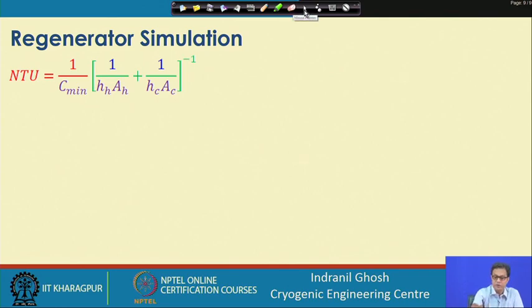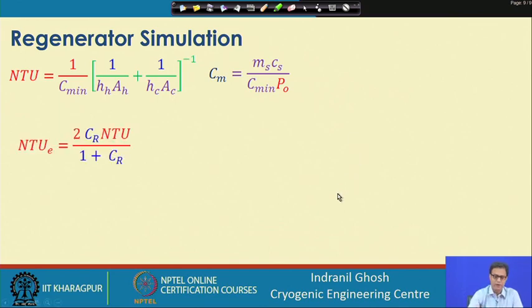Once we know the NTU, we would be able to calculate the ratio, the Cmin over Cmax, that is the capacity rate ratio. Once we know the Cr and NTU, depending on the value of Cr, if it is not 1, we have to find an equivalent NTU and an equivalent Cr, the capacity rate ratio.